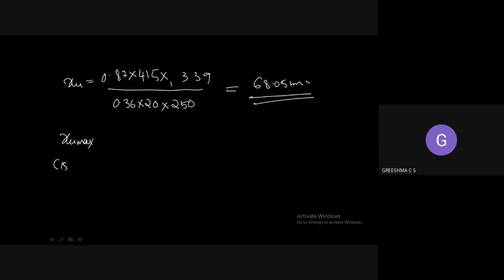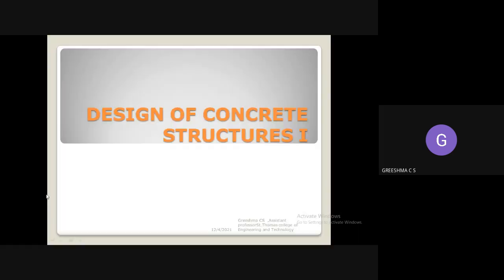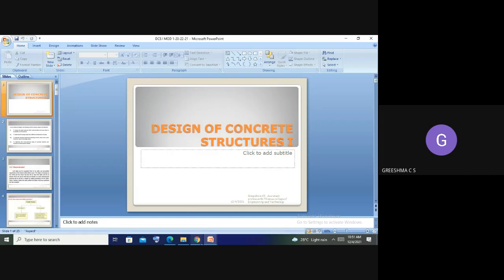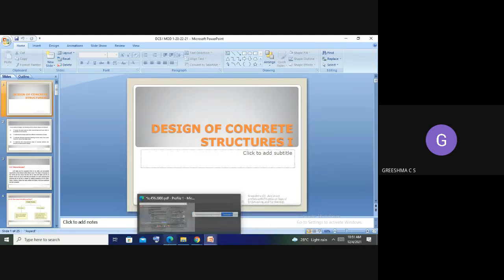Next you have to find out the maximum xu, xu max as per IS 456. So again you have to refer to IS code page number 70.